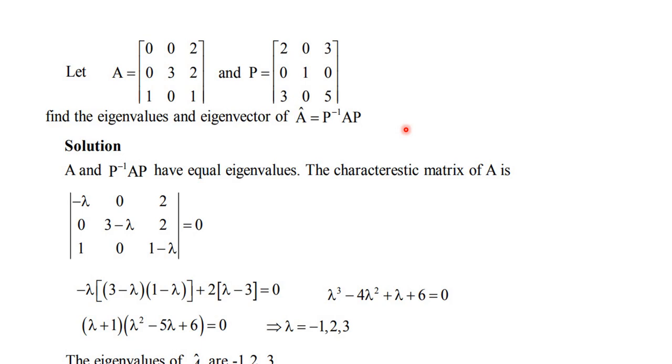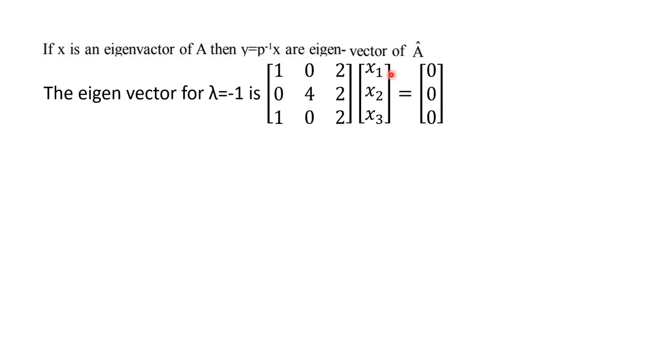The eigenvectors for A cap are y equal to P inverse into x, where x is the eigenvector for A. So for finding the eigenvectors for A cap, first we find the eigenvectors for A, then we multiply P inverse with each eigenvector of A to get the eigenvectors of A cap. So if x is an eigenvector of A, then y equal to P inverse x is an eigenvector of A cap.